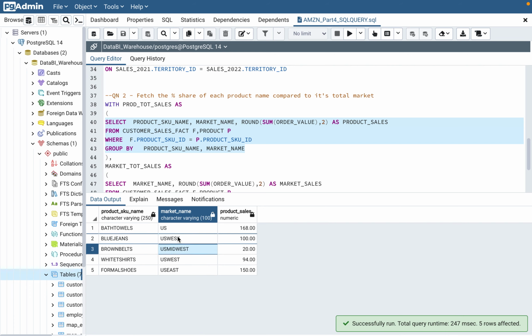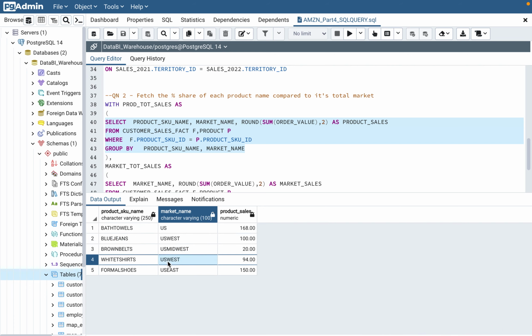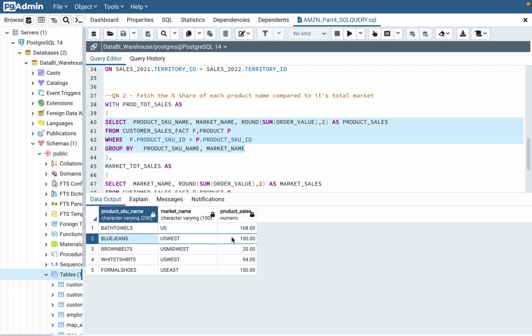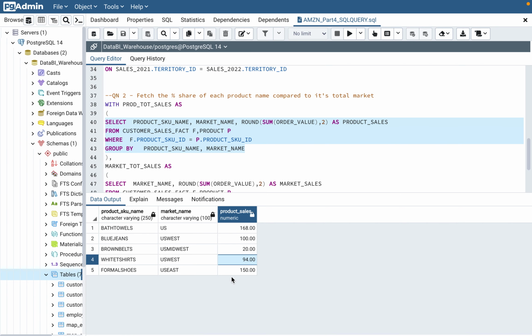US West market total sales is 194, that was coming up, right? So blue jeans is 100. So if you divide 100 by 194, that is around 51%. And if you divide 94 by 194, then it is around 48.45%, and 51.55 is for blue jeans, right?